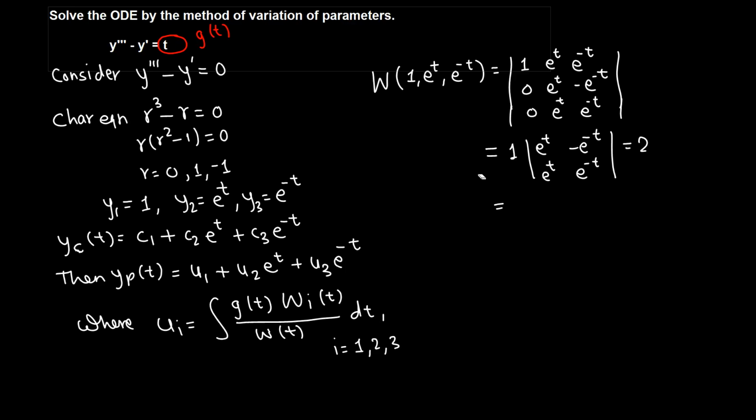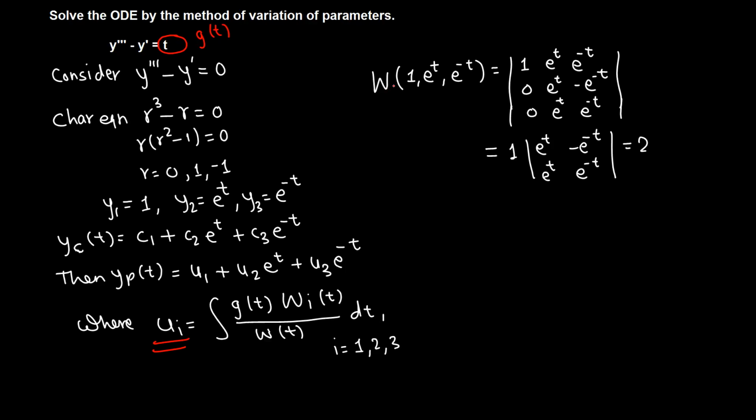So for all three functions u1, u2, u3, we need W of all three solutions. That's 2. Now we need to find u1, u2, u3, which means W1, W2 and W3.